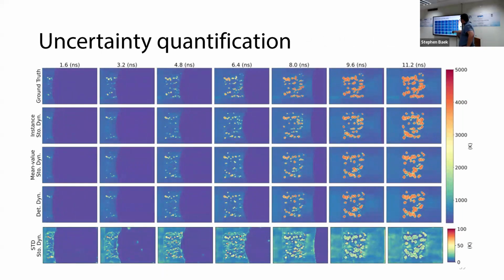And then the added benefit of this formulation, where we have not only the deterministic dynamics but also the stochastic dynamics, is that the stochastic part of the dynamics naturally gives you the uncertainty of the prediction. So the standard deviation predicted by the dynamics model naturally translates to the uncertainty of the model, right? The red areas are where the model is more uncertain, and the blue areas are where the model is more certain.